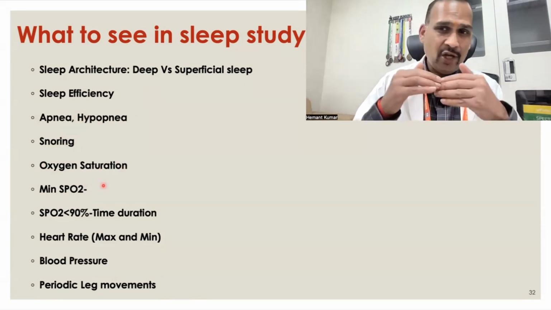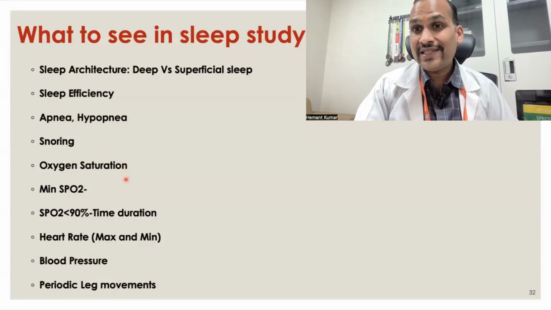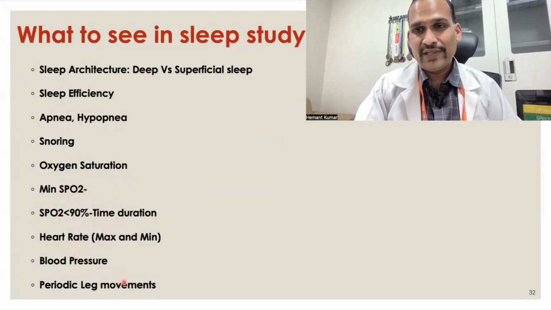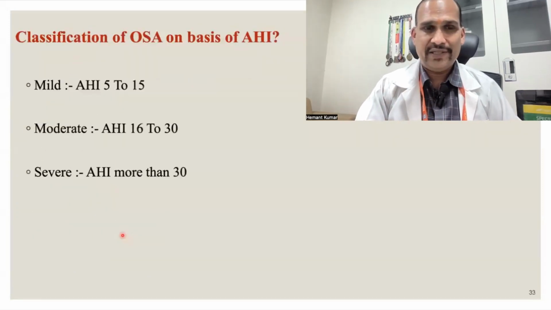Normal is anyhow more than 90%. So below 90%, how much? Oxygen desaturation, minimum SpO2, how much time the patient has saturation less than 90, heart rate, blood pressure, and leg movements. These parameters we have to observe while doing a sleep study.